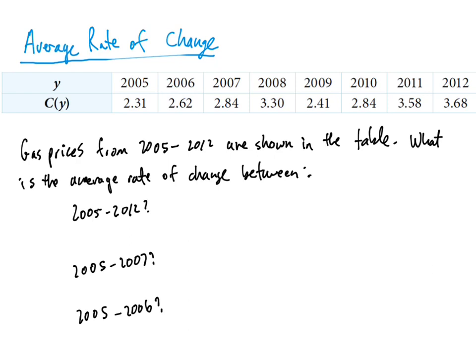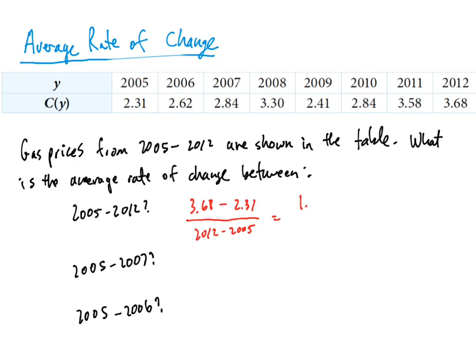What we want to do is figure out the amount of change that occurred divided by the number of years. So for 2012, we had $3.68, and then in 2005, we had $2.31. And then to figure out how many years that was, we're just going to subtract the years.